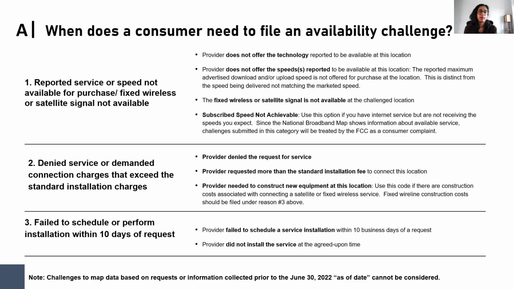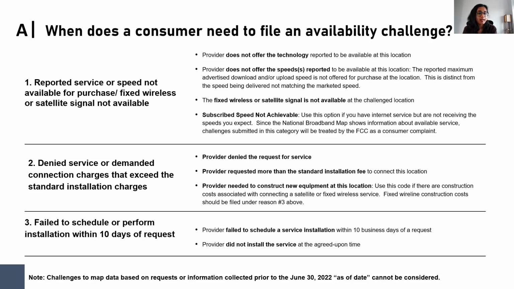And again, it has its subcategories: the provider does not offer that technology, or they do not offer the speeds that have been reported, or the fixed wireless or satellite signal is not available at the address, or the subscribed speed is not achievable. So those are the 4 that would fall into this subcategory.